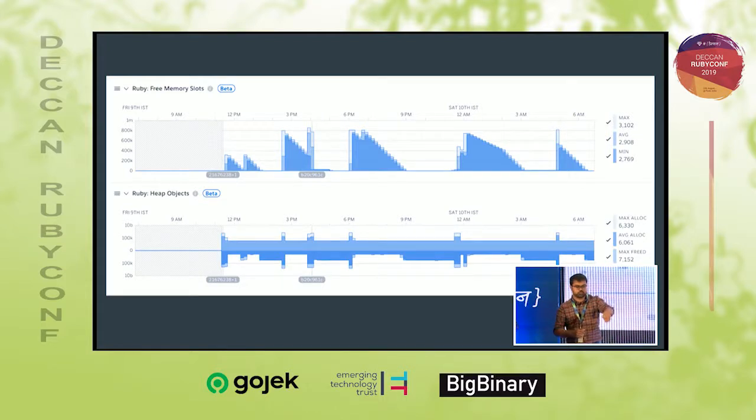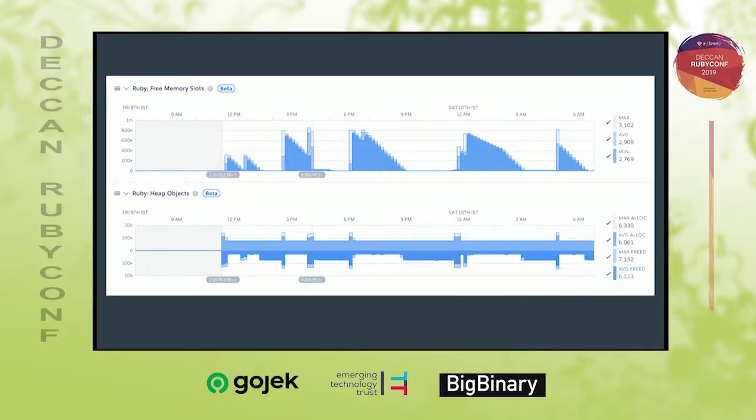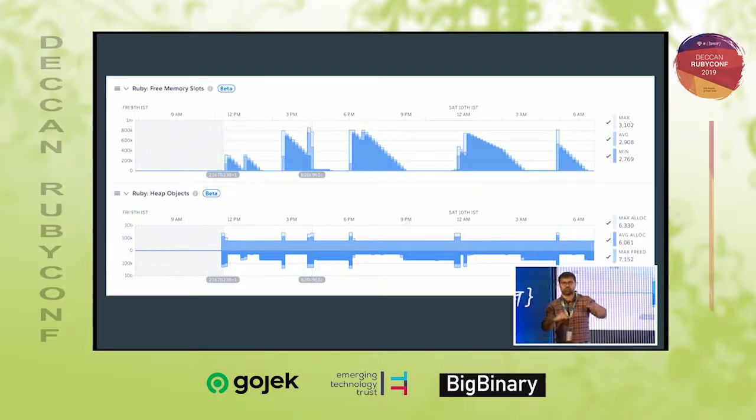Whenever you see those spikes up there, that means there are a lot of objects, sometimes in millions. Whenever that happens, you can see Ruby free memory slots spike up, then all those slots are used, and then the request has completed. All those objects are garbage collected in one of the garbage collection processes, but the memory is not freed, and that's why you see those spikes, like on Saturday the 10th.